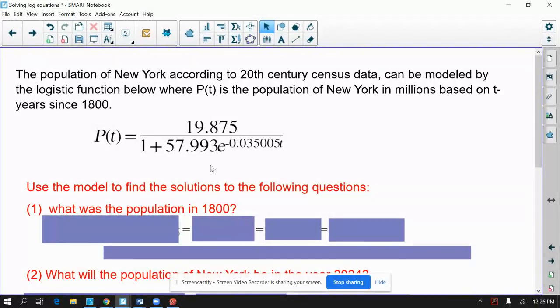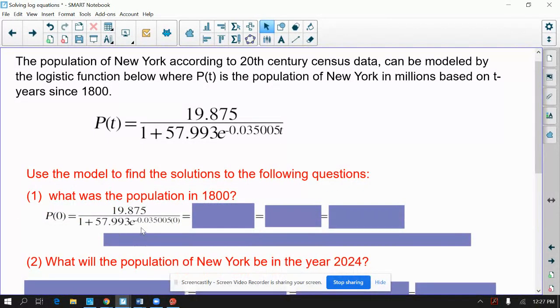What was the population of New York in 1800 based on this model? This model predicts population for all the years after 1800. So, in other words, when t is 0, that is 1800. Also, the y-intercept when t is 0. So, I'm going to replace t with 0.